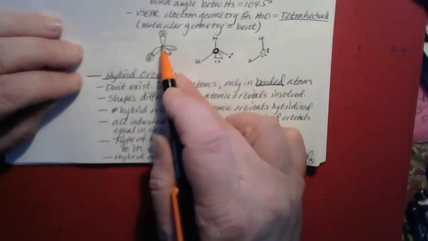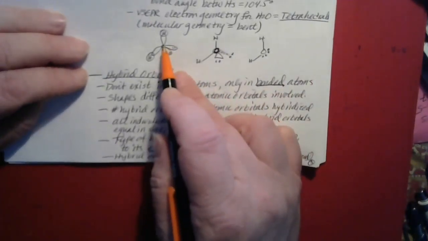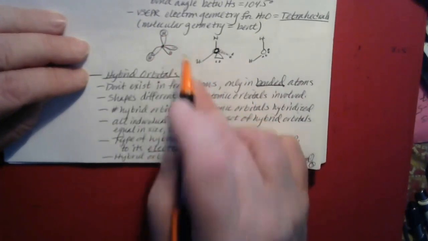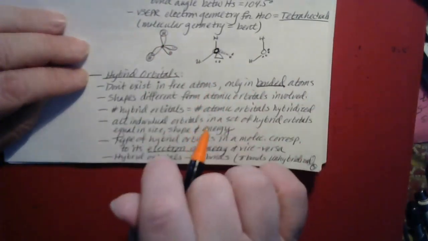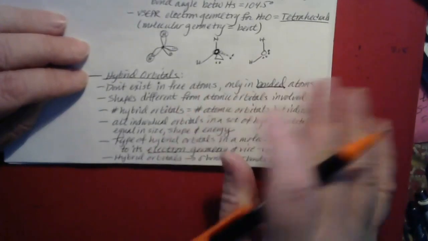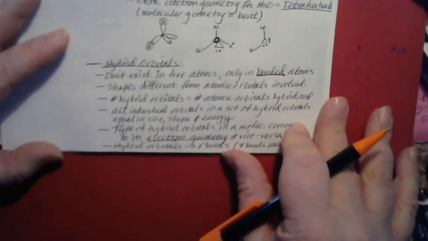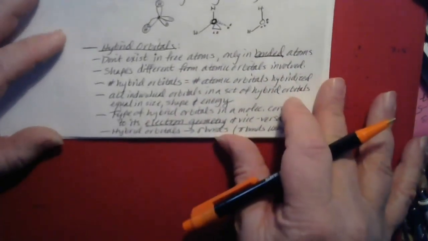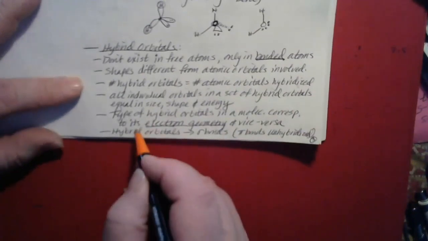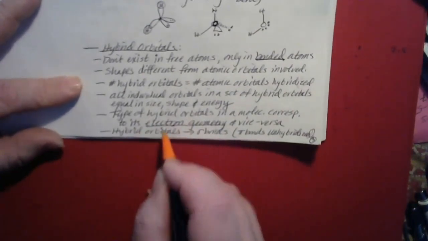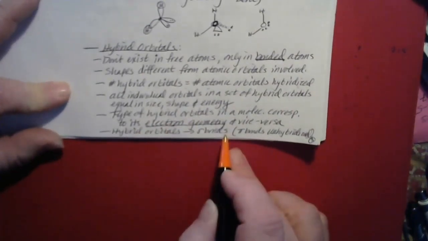So if the central atom is sp3 hybridized, that means it has a tetrahedral electron geometry around the central atom. And if it has a tetrahedral electron geometry around the central atom, it must be sp3 hybridized. Goes both ways. Hybrid orbitals are used in forming sigma bonds only.